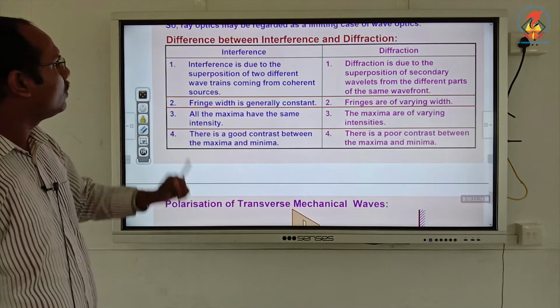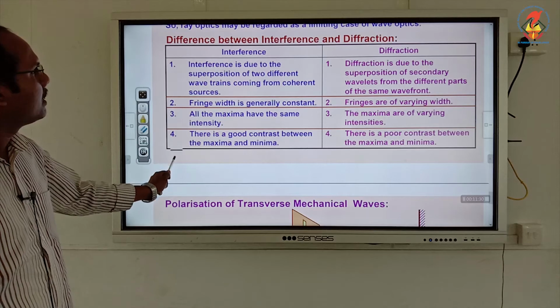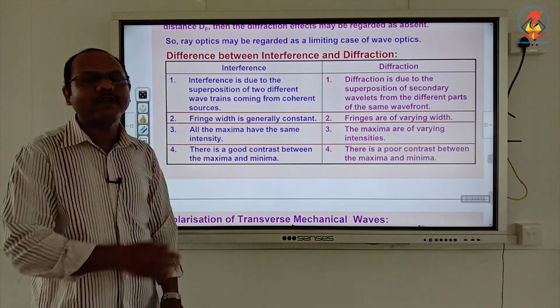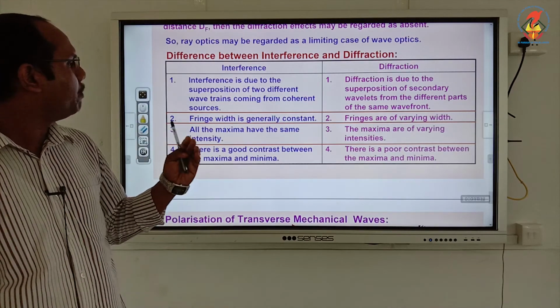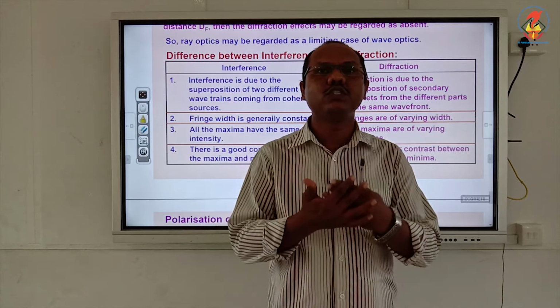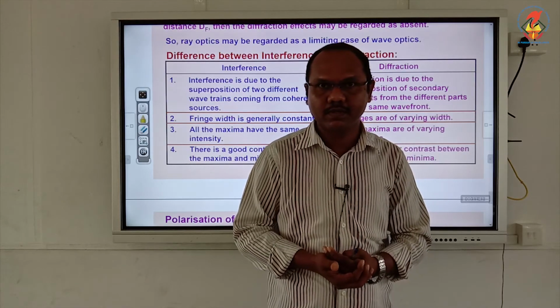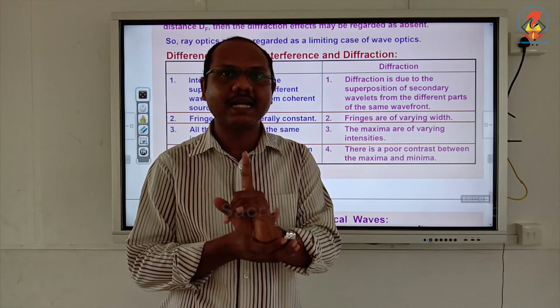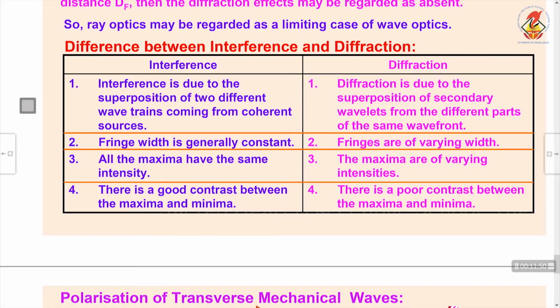What is the difference between interference and diffraction? Interference is due to the superposition of two different waves coming from two coherent sources. But in diffraction, there are no two coherent sources.